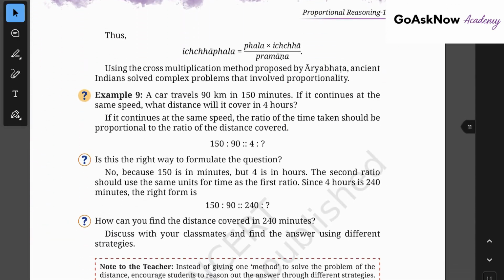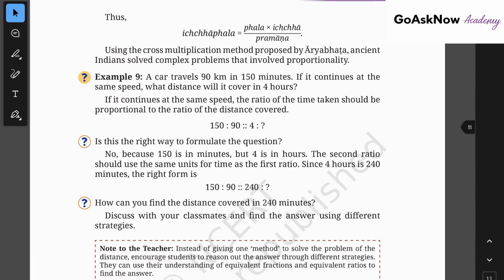Example 9. A car travels 90 kilometers in 150 minutes. If it continues at the same speed, what distance would it cover in 4 hours? So we know the ratio is 150 minutes to 90 kilometers.